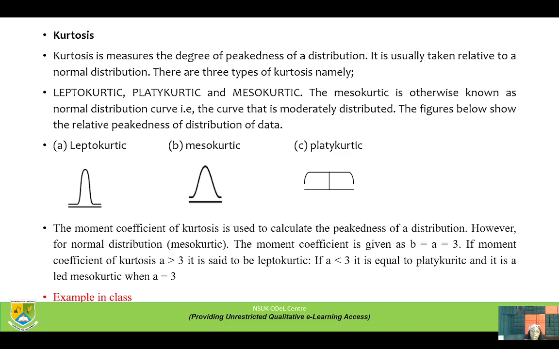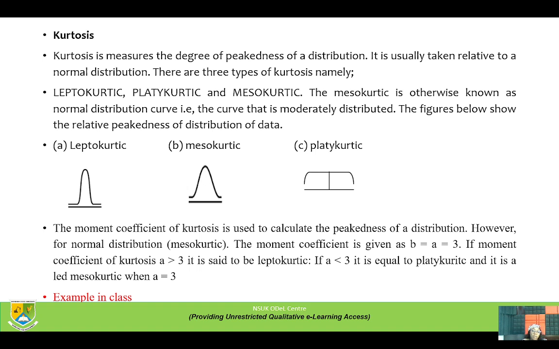There are diagrams here to differentiate them. The mesokurtic is otherwise known as the normal distribution curve, that is, the curve that is moderately distributed. The figures below show the relative peakedness of distributions of data. The first diagram represents the leptokurtic, the second diagram represents the mesokurtic, and the third diagram represents the platykurtic.